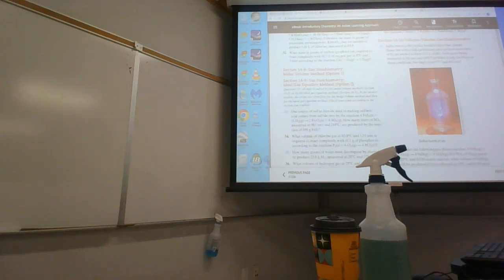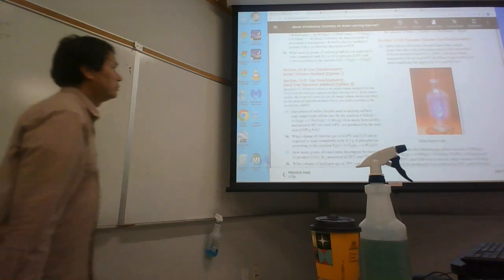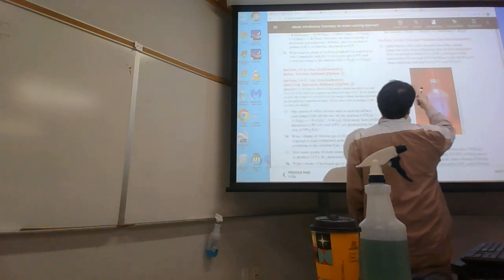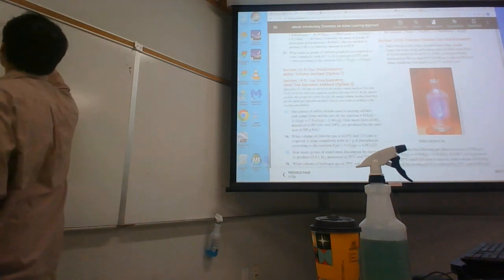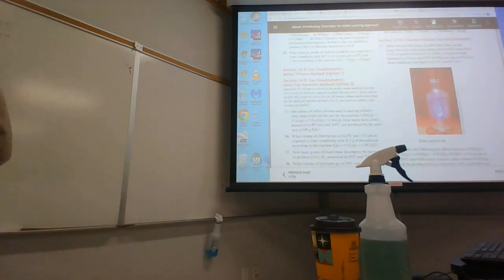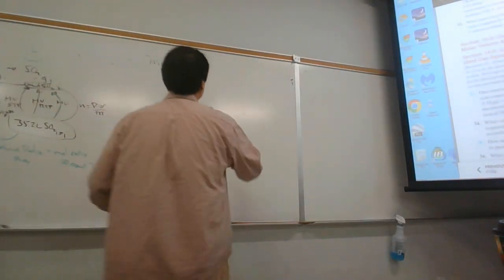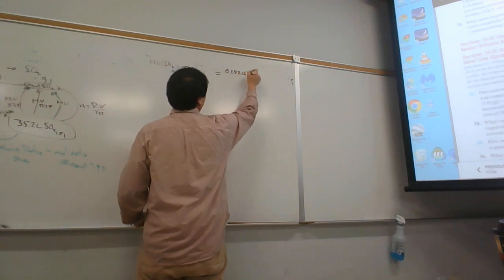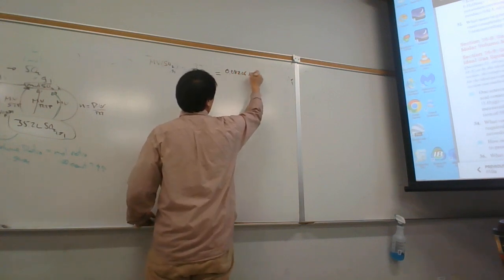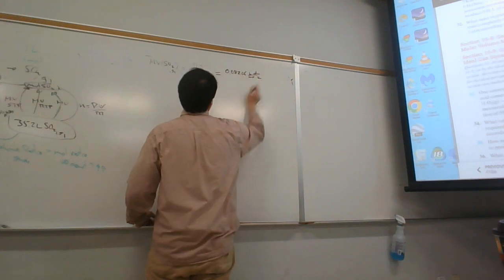So the molar volume of the SO2 gas is equal to RT over P for the SO2. So the SO2 is measured at 741 torr, 26 degrees C. So R is 0.08206 liters atmosphere per mole Kelvin.